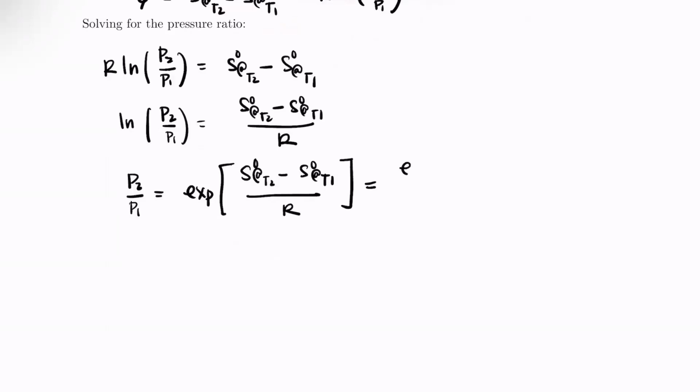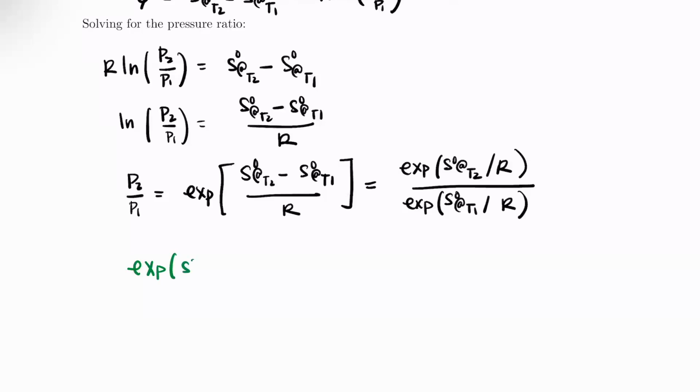I can also write this as the exponential of S0 at T2 divided by R, divided by the exponential of S0 at T1 divided by R. It turns out that both the numerator and denominator are of this form: exponential of some S0 at a temperature divided by R. This general form depends only on temperature, and it's given a special symbol.